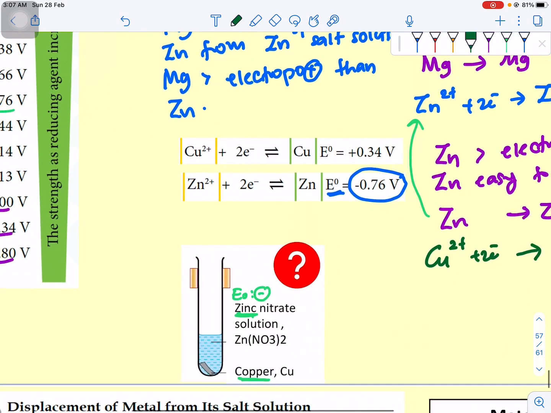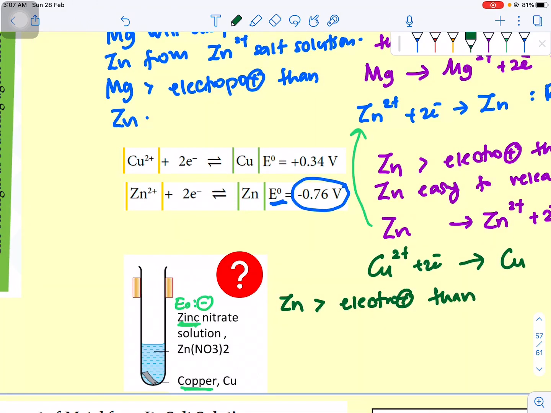Jawapannya tidak boleh. Kenapa? Sebab kali ni zinc yang lebih electropositive than Cu. How do we know? Sebab zinc punya E° negative value. So dia lah lebih electropositive.